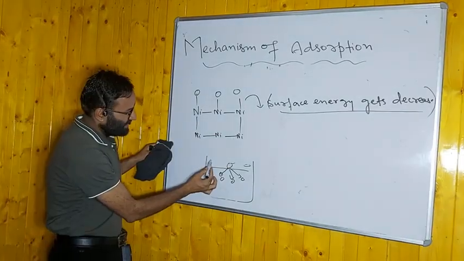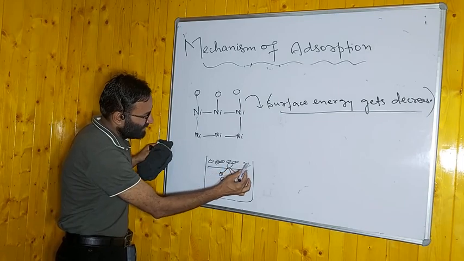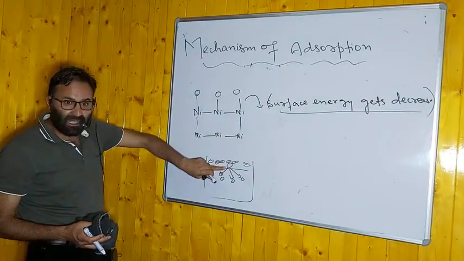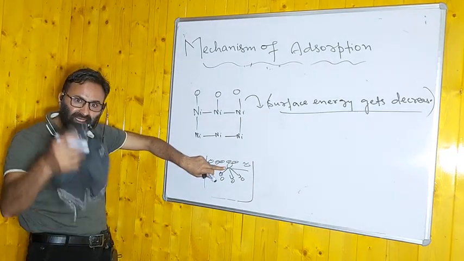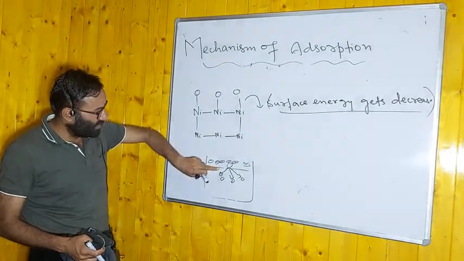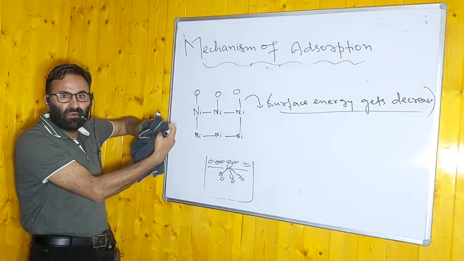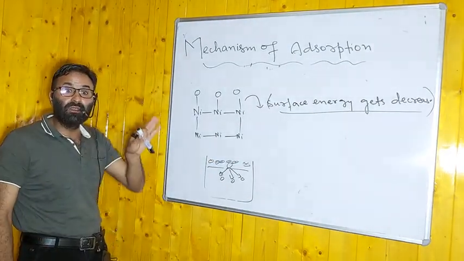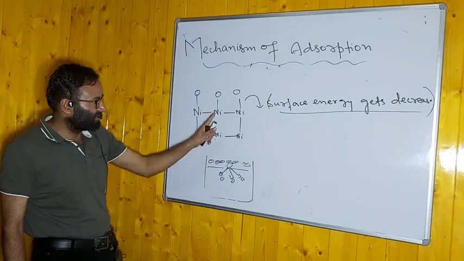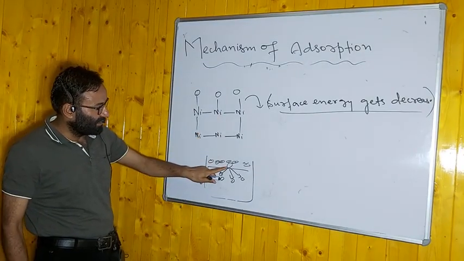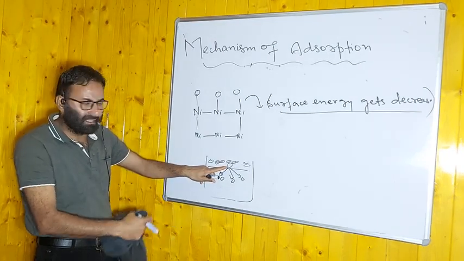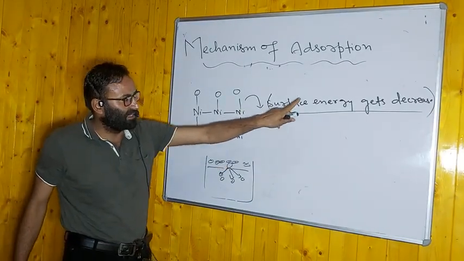But when there is adsorption, now there will be molecules on the upper side also. The unbalanced force, residual force gets decreased, because now we have the molecules from the upper side also. Or you can say the energy of the surface layer gets decreased.